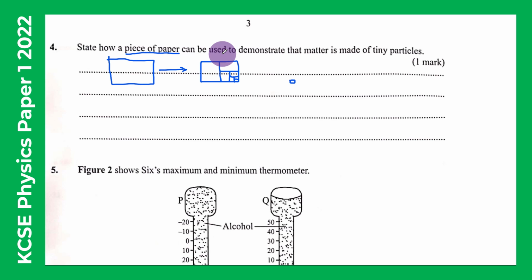Cut the paper into two, then continue the process of cutting the resulting papers into two. A time will come when you have a very small piece which is not possible to cut any further. That is proof that the original paper is made up of tiny pieces of paper, and that applies to all forms of matter, whether it is a solid, a liquid, or a gas. And that is how you would answer question 4.